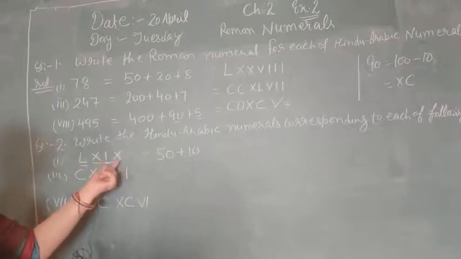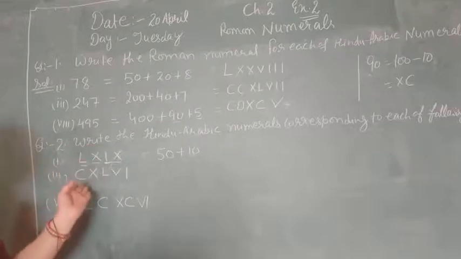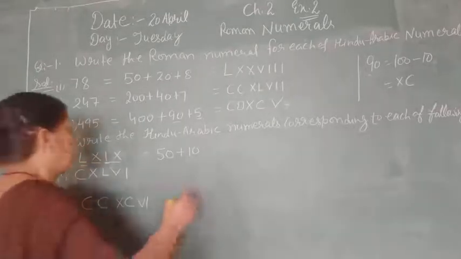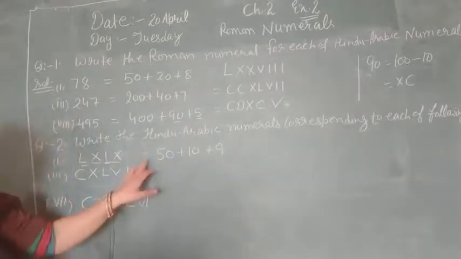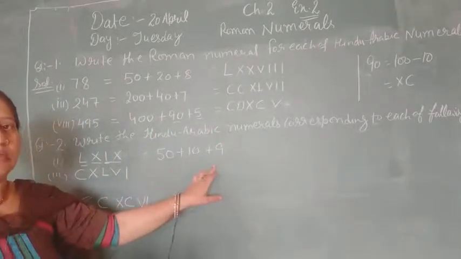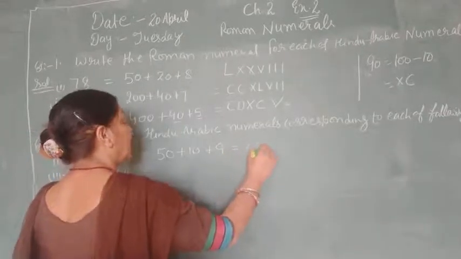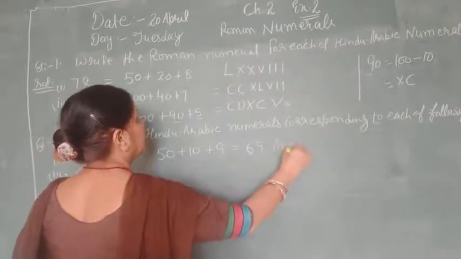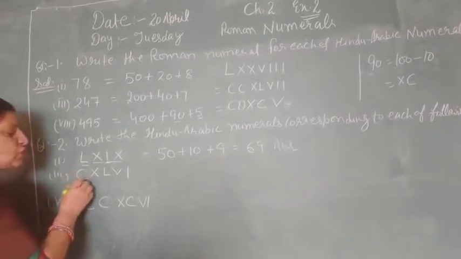X represents 10, and from 10 when we subtract 1, we get 9. So IX has the value 9. Now after adding all these numbers, we get 69, and this is our answer. Clear this one?